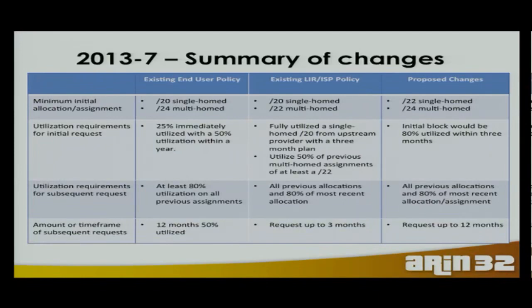So in that particular case, there's a change for other reasons from both the ISP and end user policy. But in the case of the multi-homed, we took the one that we felt was more appropriate for everyone based on the realities going forward. So there are a number of things in the policy manual that you have to choose between if you're going to attempt to consolidate ISP and end user policy and make allocations and assignments have the same types of requirements. We'll probably get back to these details in a minute.